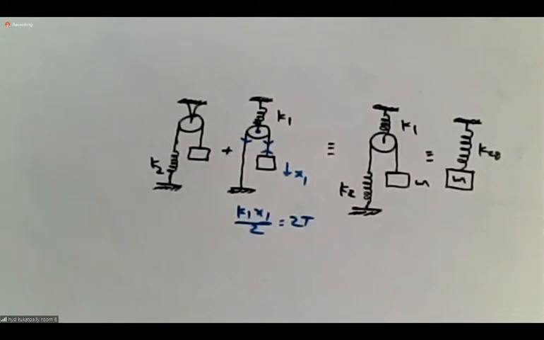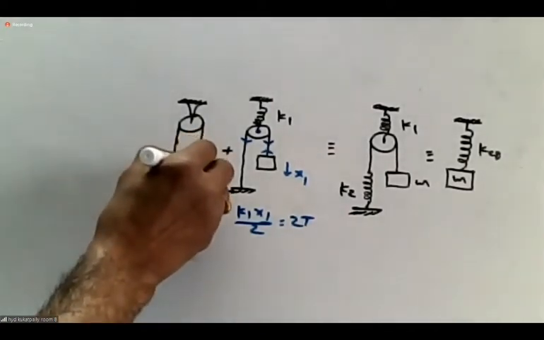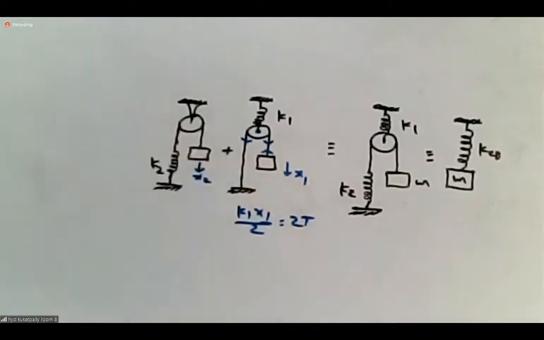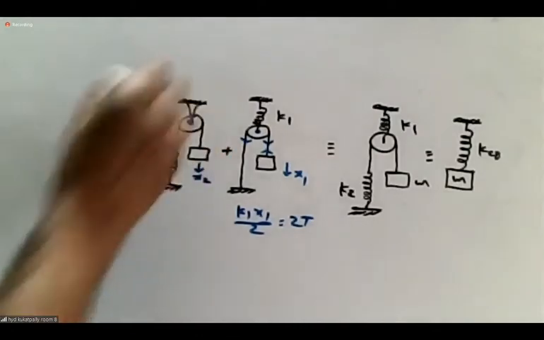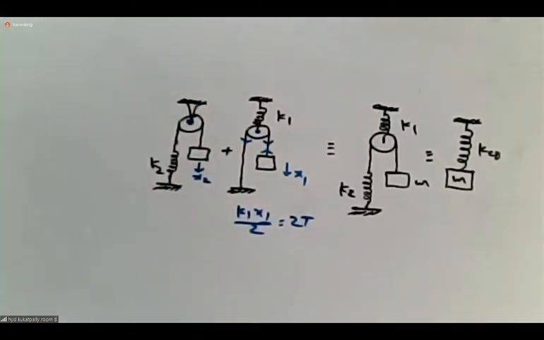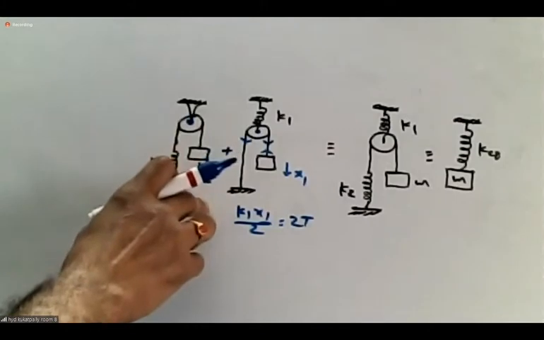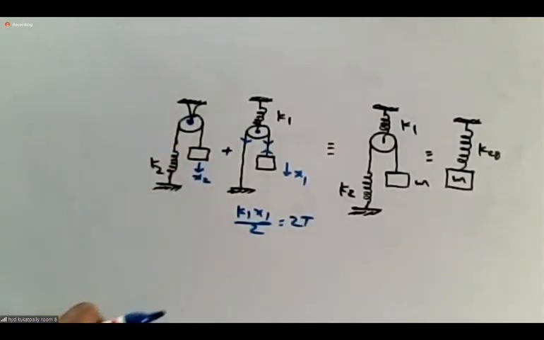So tension T equal to K1 x1 by 4. Now, second case: the block moves down x2. This is fixed only, the pulley is fixed only. When the block moves down x2, one second.